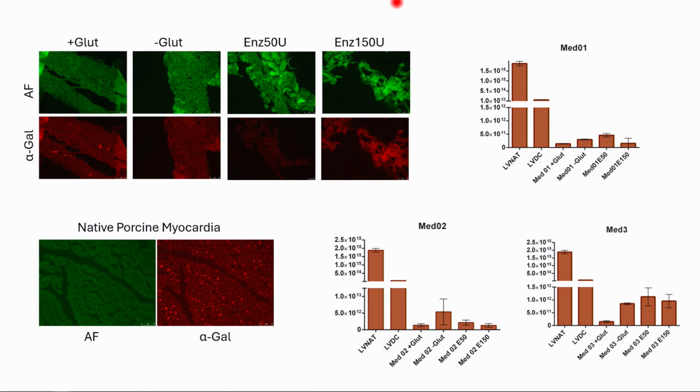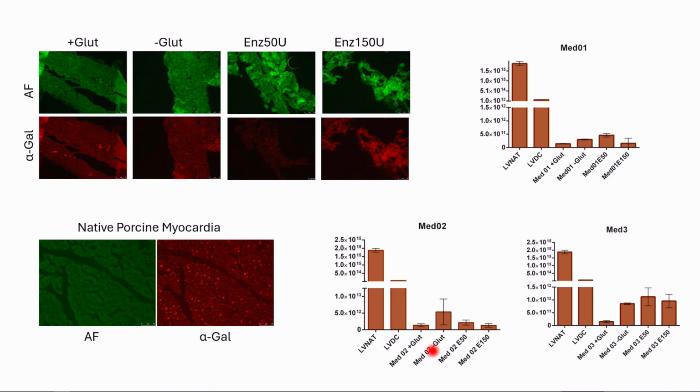But when we quantified them, we found that by just removing the glutaraldehyde by simply washing with our buffer system, and using two different concentrations of this enzyme, it really was effectively removing the alpha-gal.